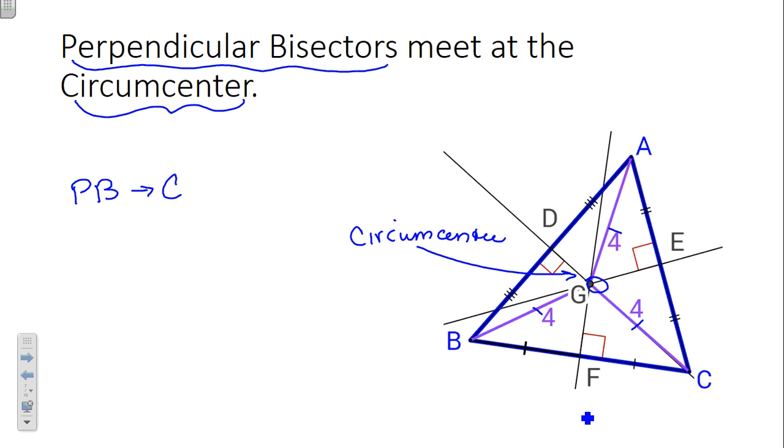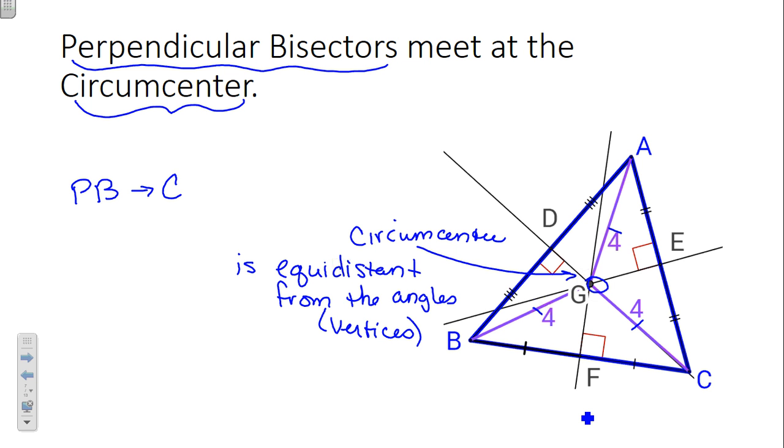So this is the circumcenter. Everybody good so far? It's the same distance away from all the angles. It's the middle of the angles, exactly. So it's the same distance, it's equidistant from the angles, the vertices.